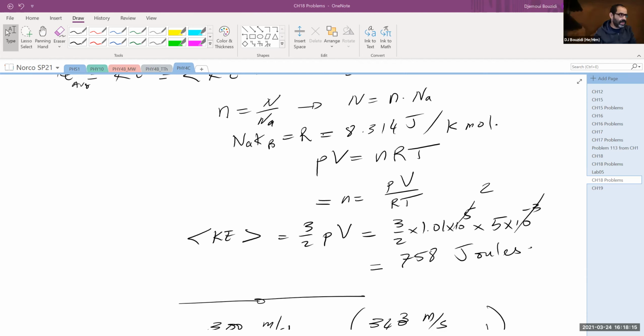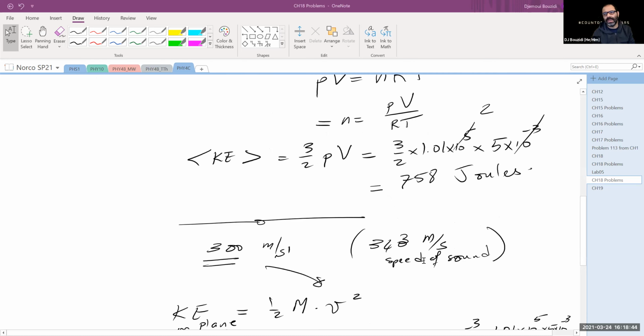So again, it's 1.01 times 10 to the power, times 5 divided by RT. RT is 8.314 times 300. We're talking 2/10 of a mole, so it's 2/10 of an Avogadro's number. It's still a big number in here, to account for the 758 joules of this gas.